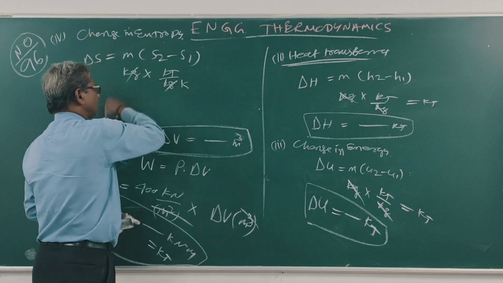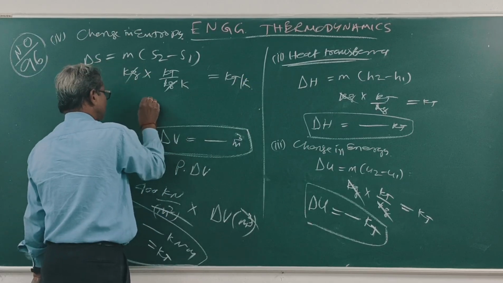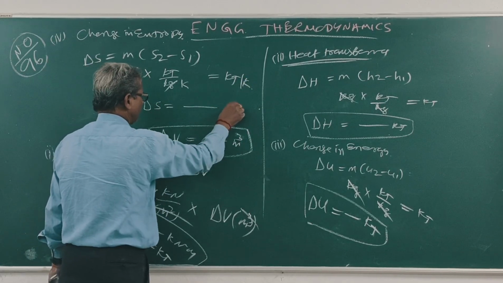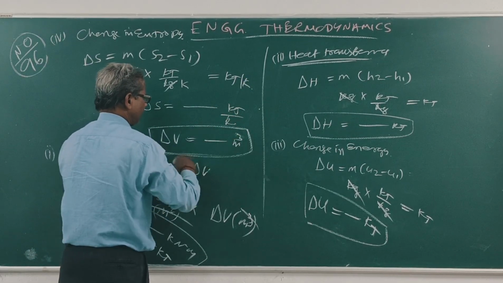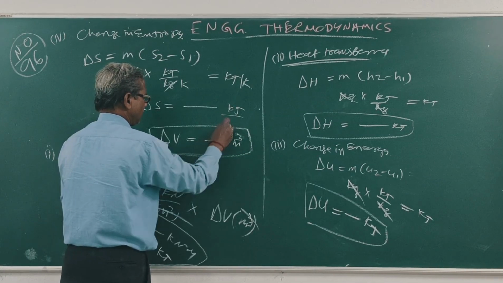Kg cancels out. This is kilojoule per Kelvin. So delta S is in kilojoule per Kelvin. Clear?